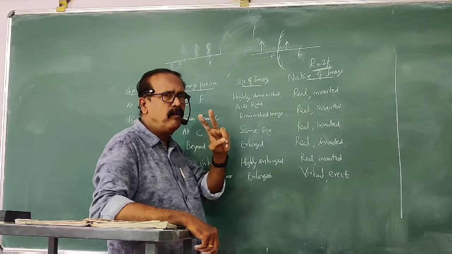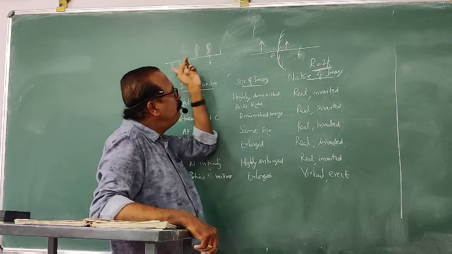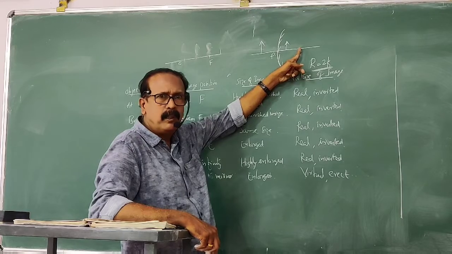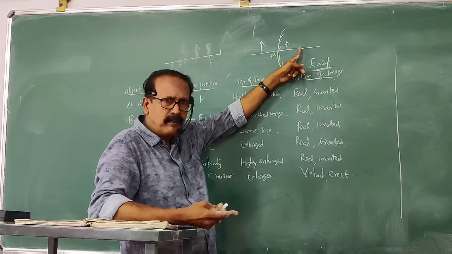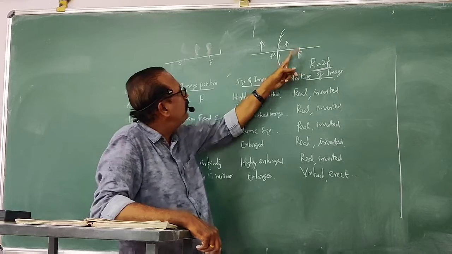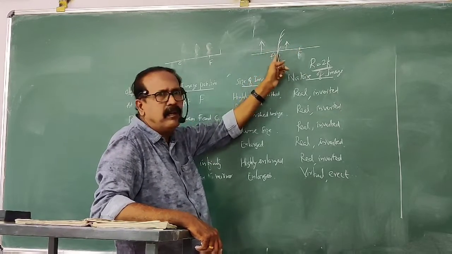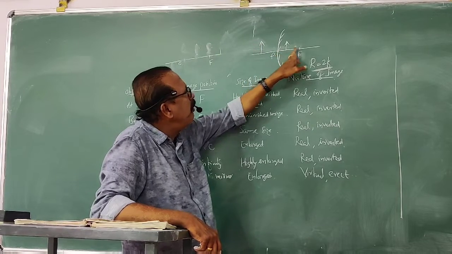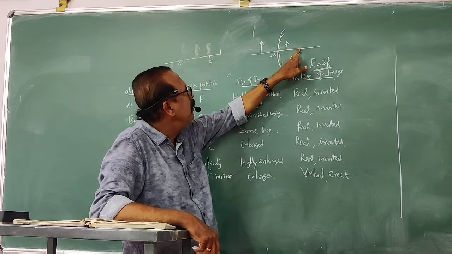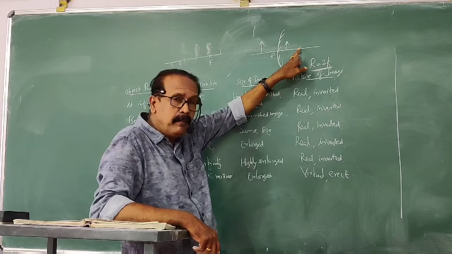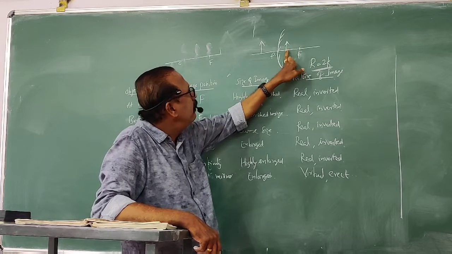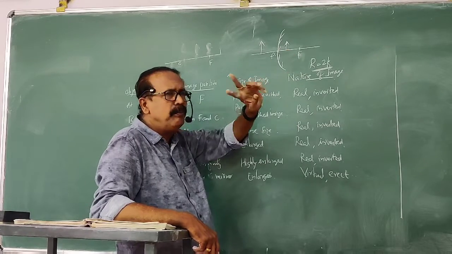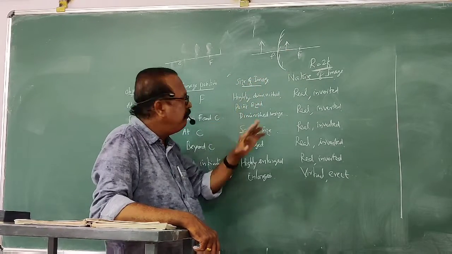So these are the two positions for the convex mirror. Object at infinity, image at the focus, virtual and erect. Object anywhere in front of the convex mirror, image is formed between pole and focus, diminished, erect and virtual.